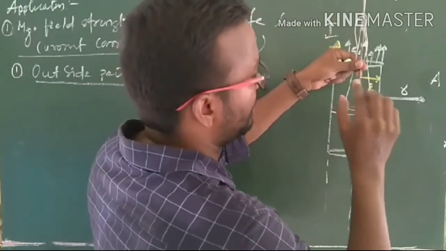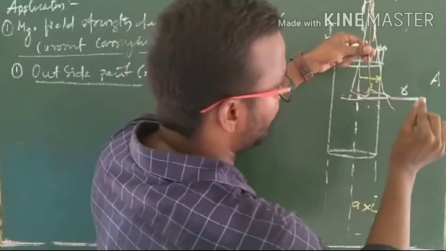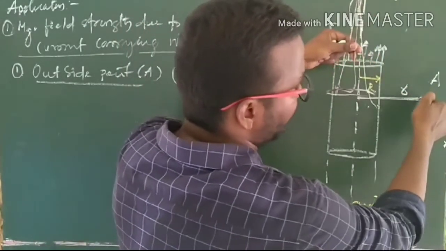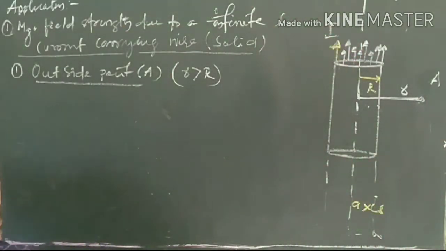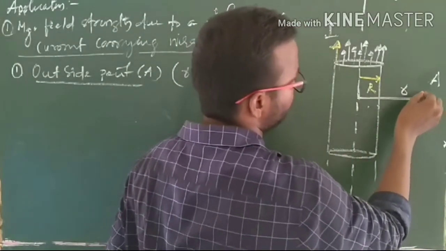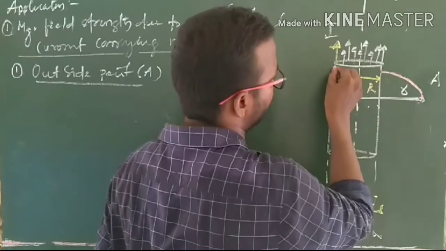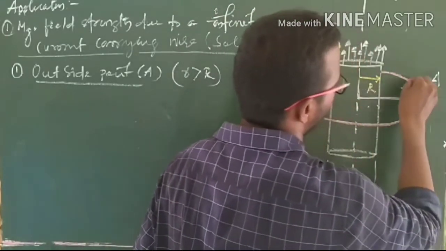Suppose we choose an Amperian loop in this way, passing through point A. This is the Amperian loop. Clear?